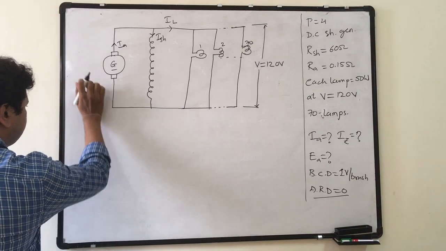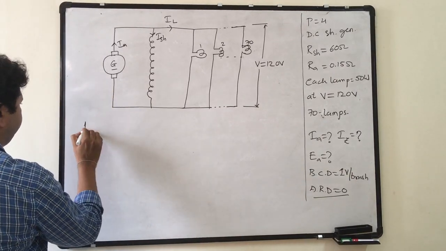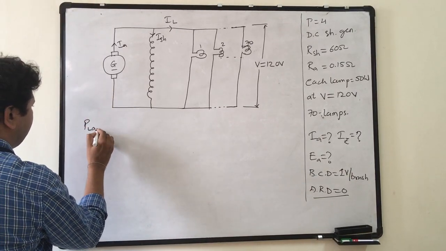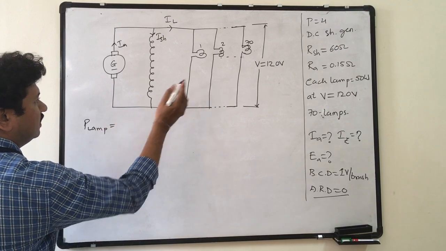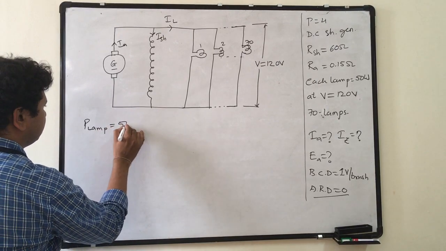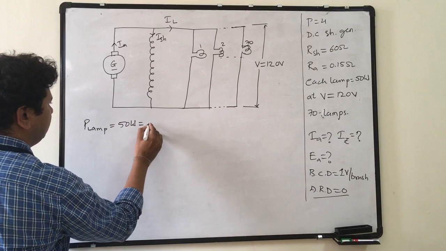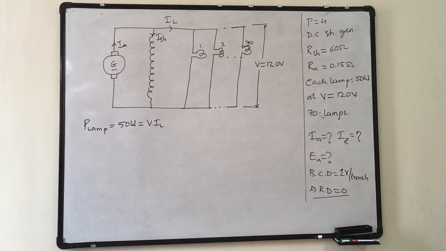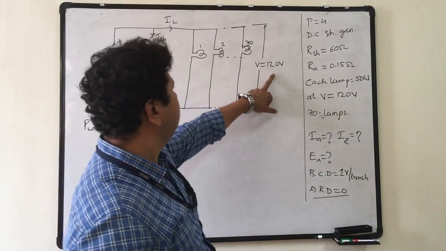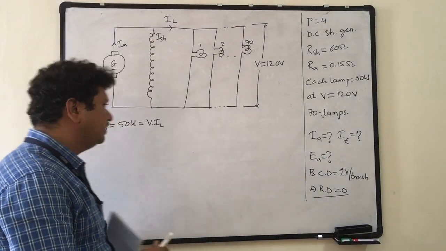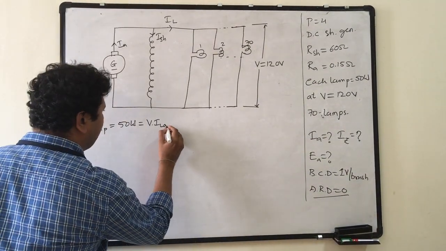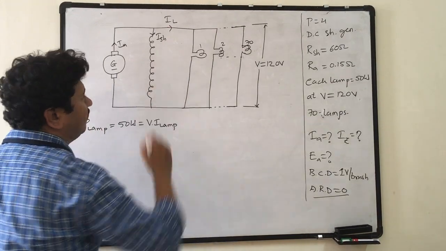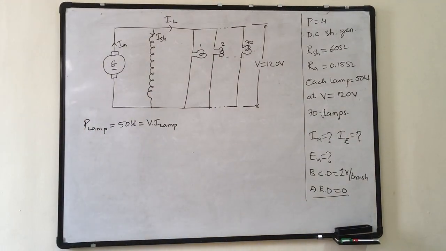Now the lamp power P lamp is 50 watts, which is equals to V into I lamp. The voltage across the lamp is V, 120 volts, and the current through it is I lamp. IL I have given for the total load current.